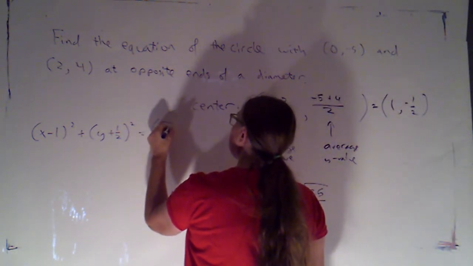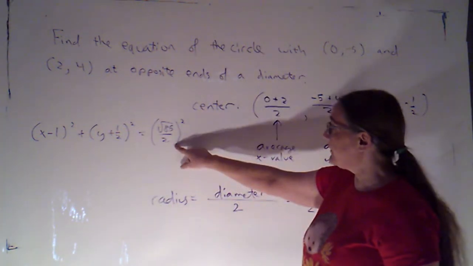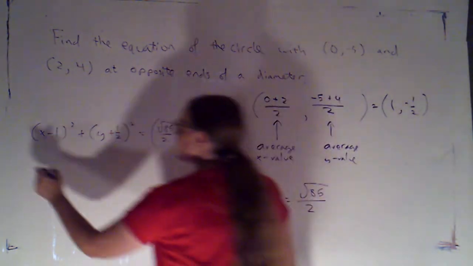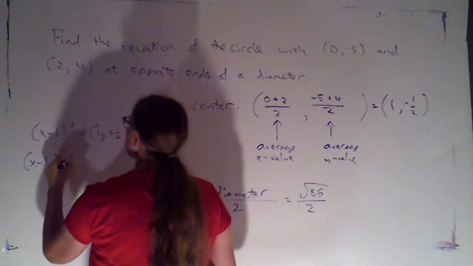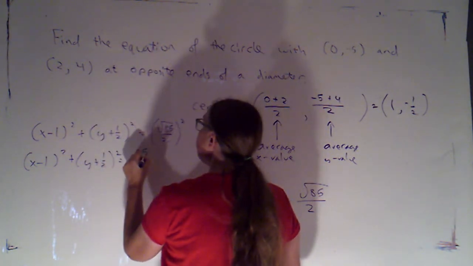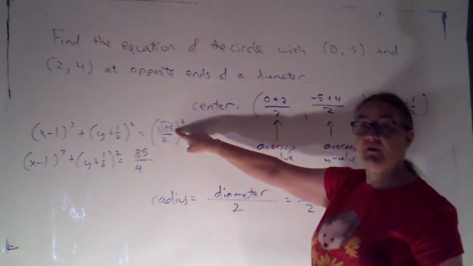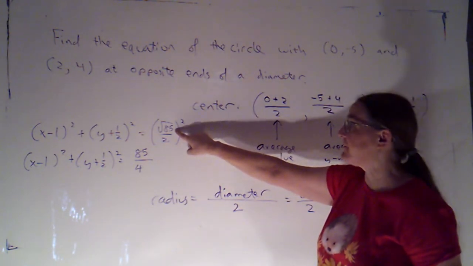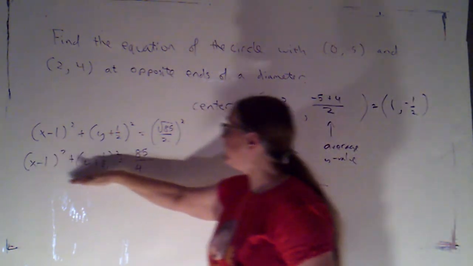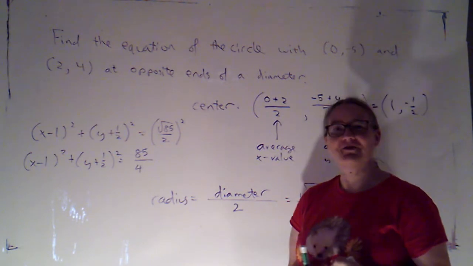So that's root 85 over 2 squared. Do be careful when you're squaring a fraction. You have to remember to square the top and the bottom. So that will be x minus 1 squared plus y plus a half squared equals 85 over 4. When I square the square root of 85, I just lift the radical. 2 squared is 4. Perfectly fine to leave it in this form rather than multiplying things out. So that's our equation for that circle.